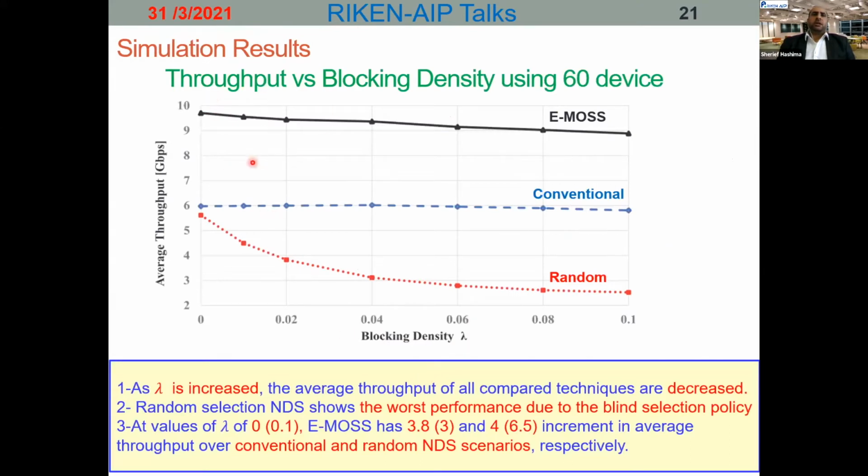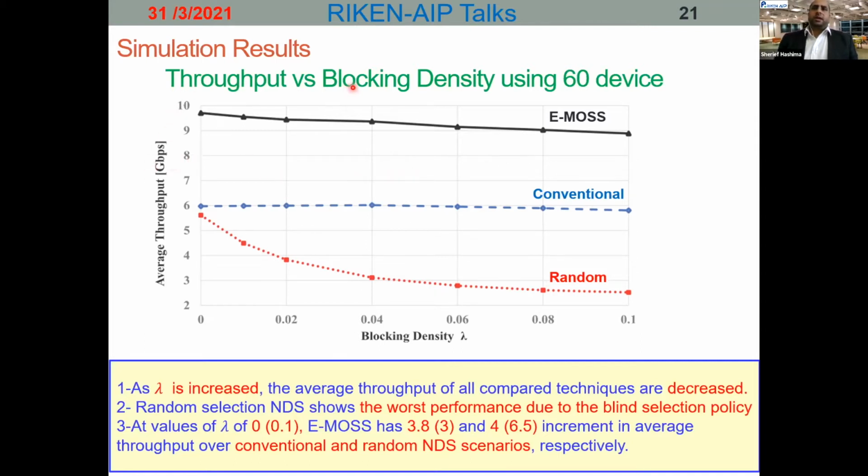Now, our simulation environment: we have a 125 by 125 coverage area, and the devices are dropped randomly. The millimeter wave channel formulation was utilized with the previously mentioned blocking scenario.